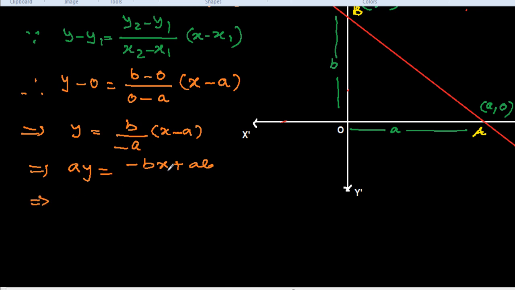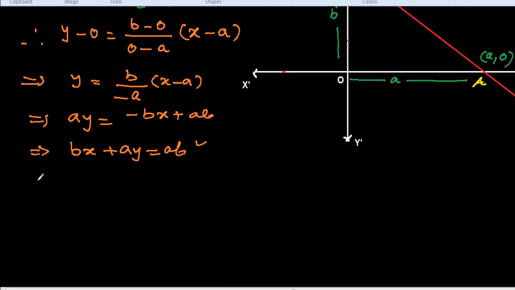We transfer bx here, so it becomes positive: bx plus ay is equal to ab. Now dividing by ab on both sides, we get bx over ab, ay over ab, and ab over ab.